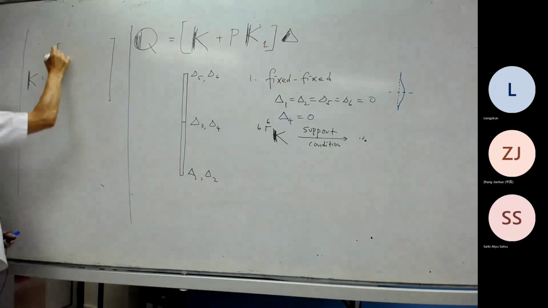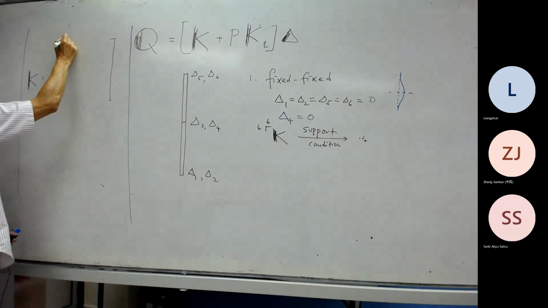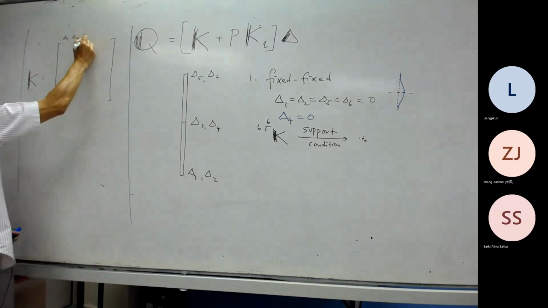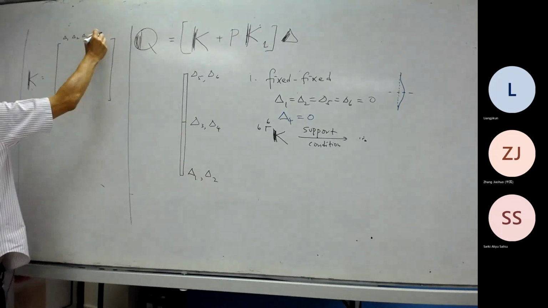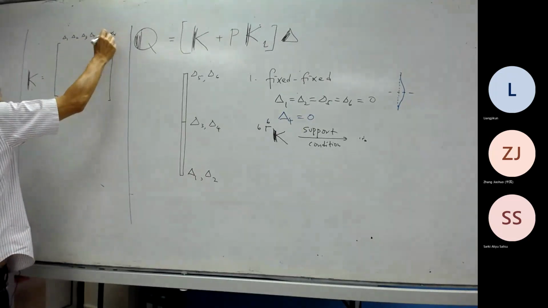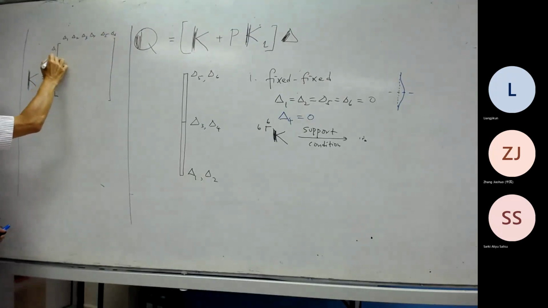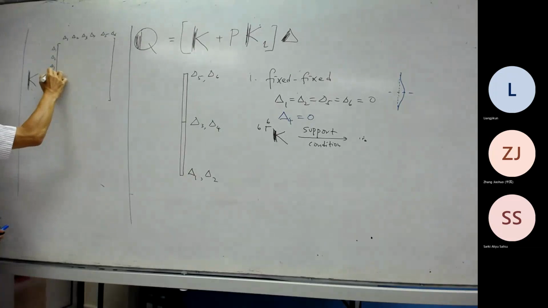So here, if you want to relate to this, this is delta 1, this is related to delta 2, this is related to delta 3. The original size of the matrix, and the row also I can write in this way.